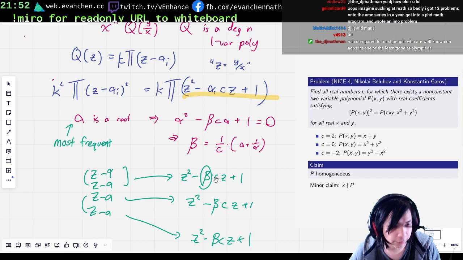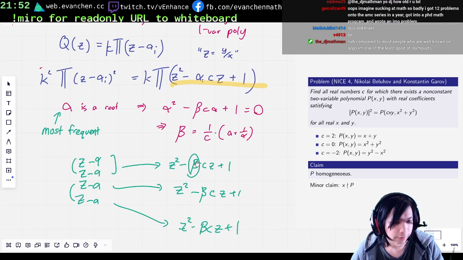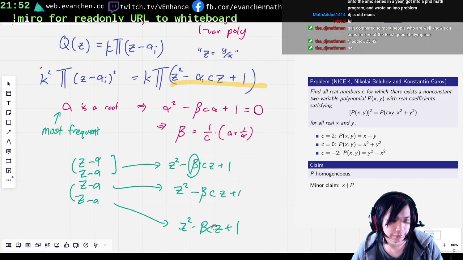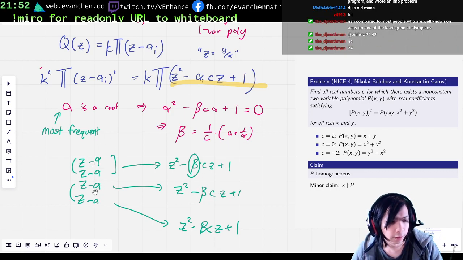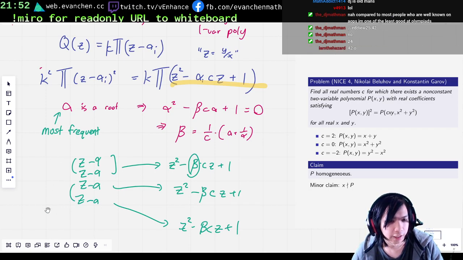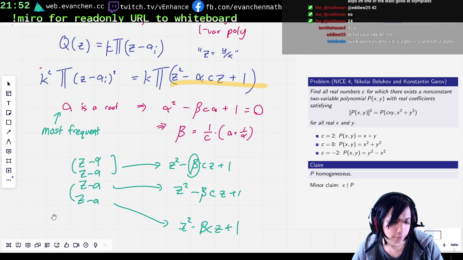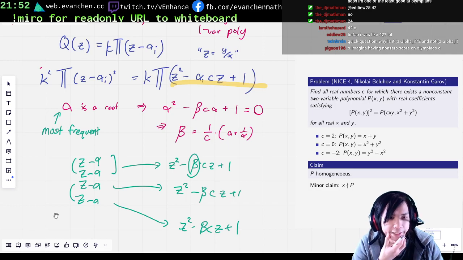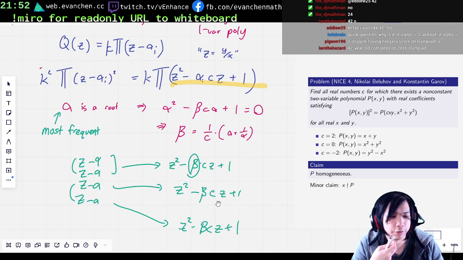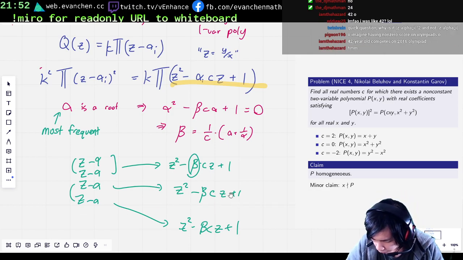So I'm just dropping indices because I'm being sloppy. But this would mean that 3 of the alpha i's are equal to the most common alpha, which would mean that actually this should appear 6 times rather than just 4 times, as an example. So by counting the multiplicity, in order for the most frequent root, it must actually doubly divide on the right-hand side, each thing.